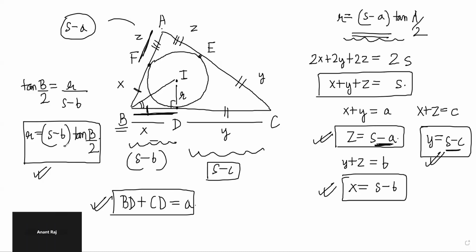I got A as... Actually sir, I found A and B using 3A plus B. What is A and B? A is pi upon 4 and B is 3 pi upon 4. Okay, that is correct.